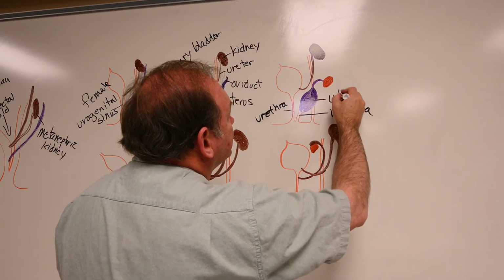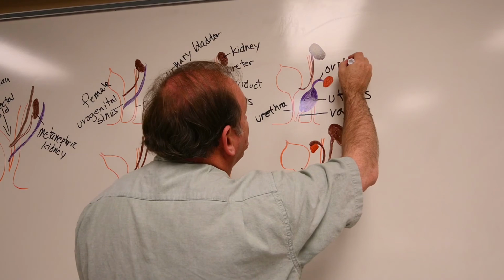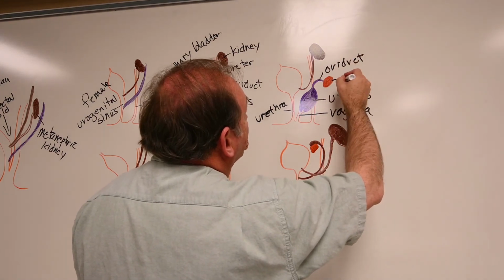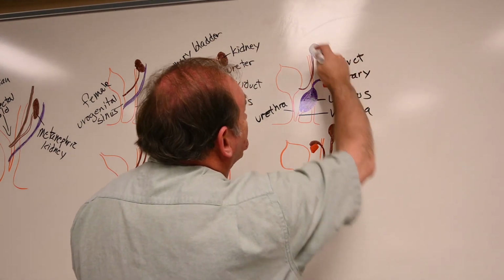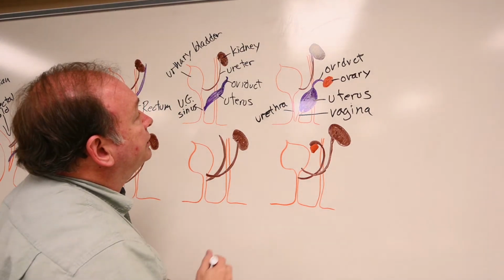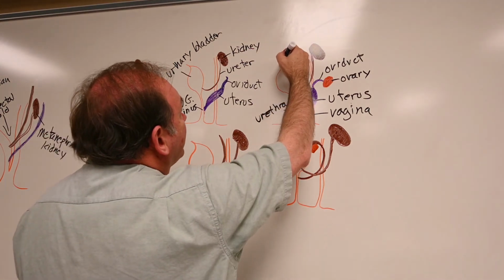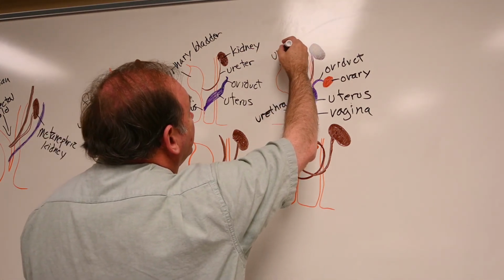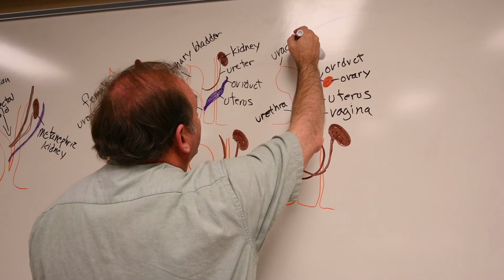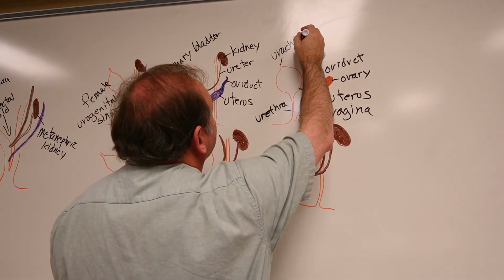There, then uterus, and then oviduct, and there's our ovary. It came down, it drops down during development to that position. We have our urinary bladder up there. This little tag right here, can't remember if it's IS or US.